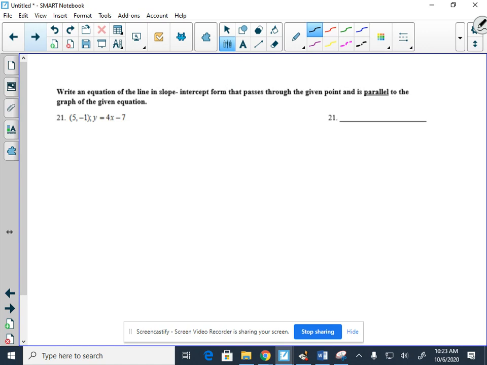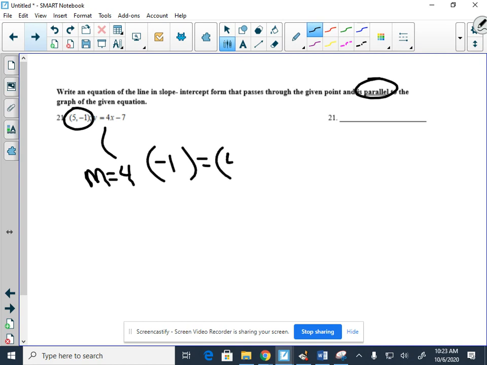Okay, now we have to write an equation of a line that is parallel. Parallel lines have the same slope. So the slope is 4. Now it's like what we were doing earlier on this, where we have to put in the x and the y and the m, right? So y equals mx plus b.